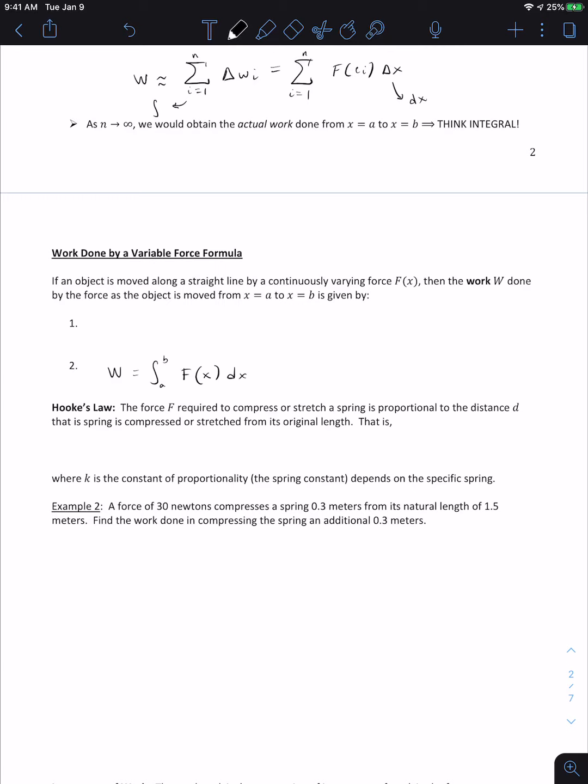I'm also going to write that limit definition as well. So work is equal to the limit, and I'm going to put this kind of strange looking thing here, but it makes sense. So remember, what is delta? Delta is that partition.